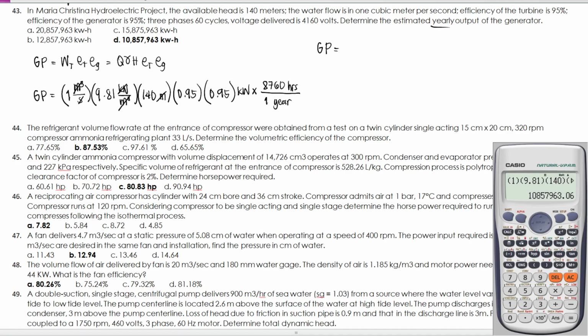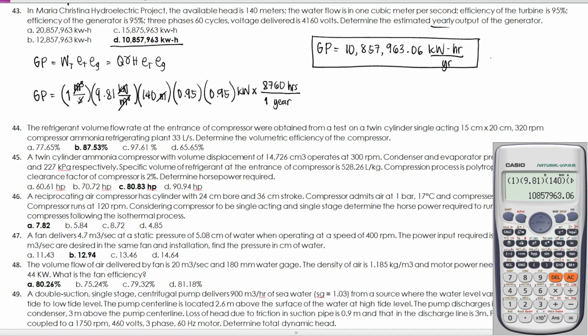So that is 10,857,963.06. Ang magiging unit nito will be kilowatt hour per year. Okay? So, kagaya ng nakalagay dito kay letter B. So, ito yung naging yearly na generated output energy ng hydroelectric project na ito.